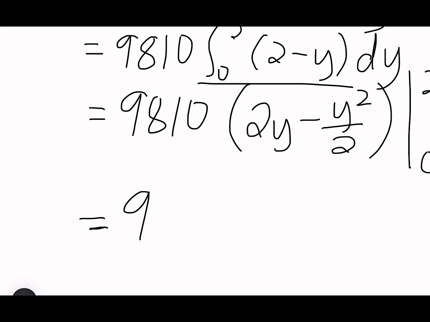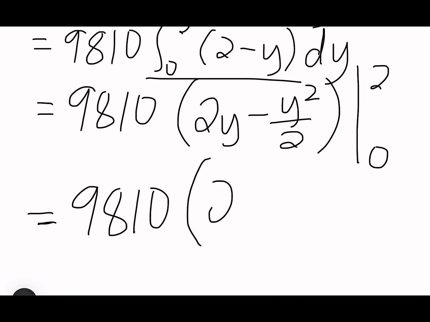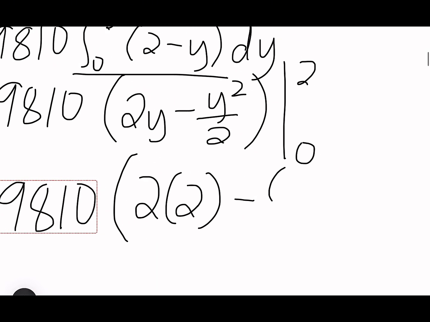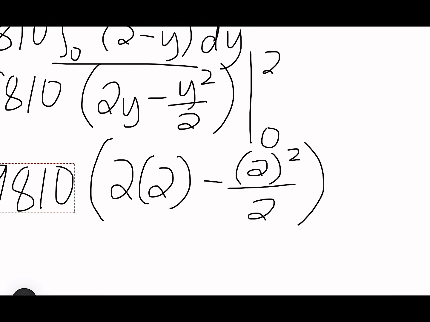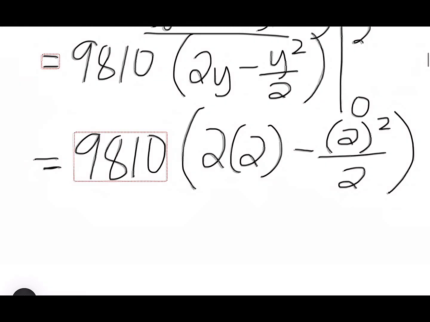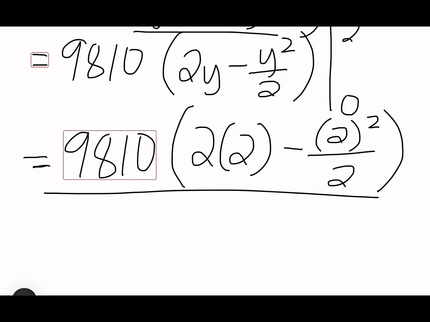Just copy the constant, then 2 times 2 minus 2 raised to the power of 2 over 2. We can also plug in the 0, but it will just be 0 anyway when multiplied. So we can simply just use this.